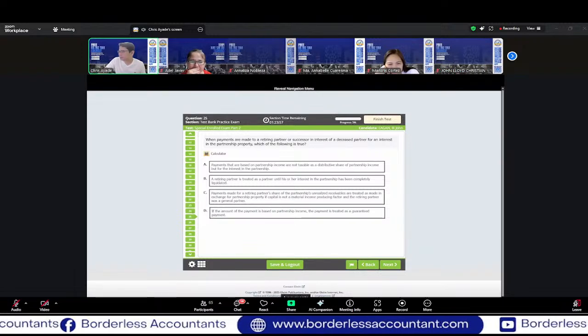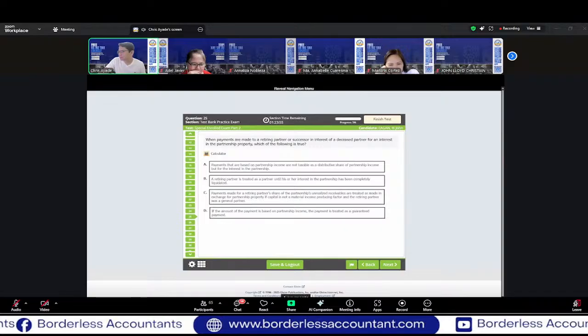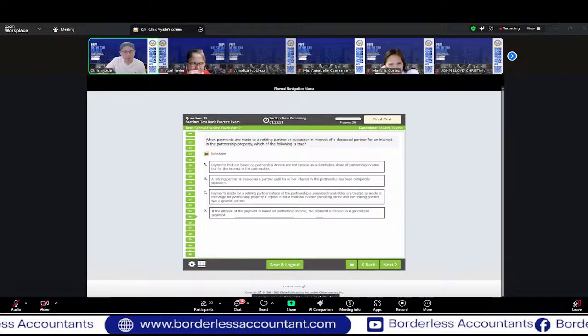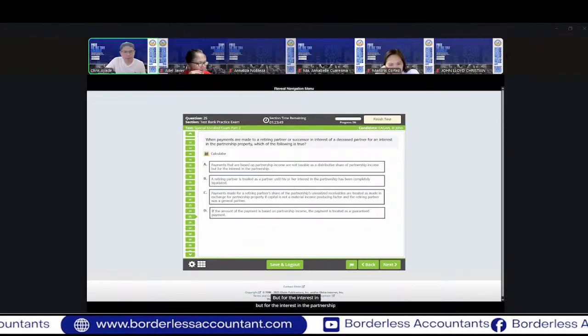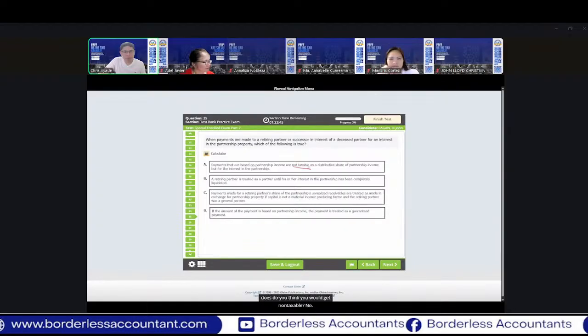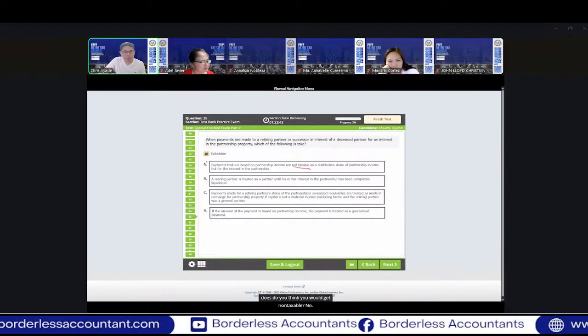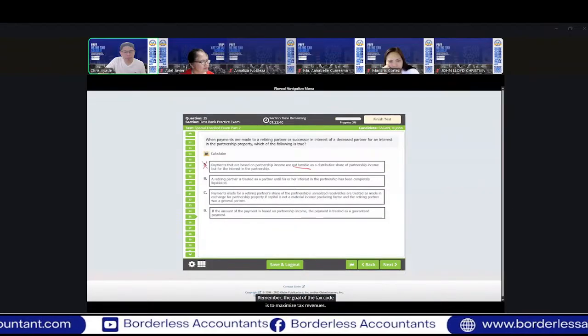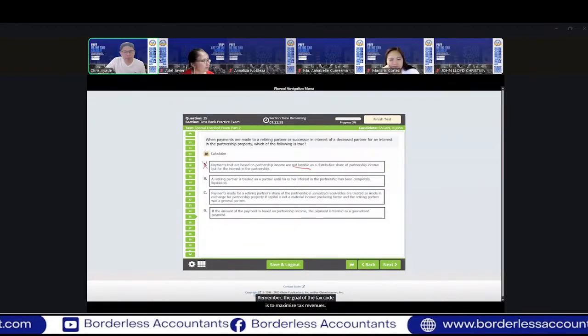Let's see. A, payments that are based on partnership income are not taxable as a distributive share of partnership income, but for the interest in the partnership. Do you think you would get non-taxable? No, that just doesn't feel right at all. Remember, the goal of the tax code is to maximize tax revenues.